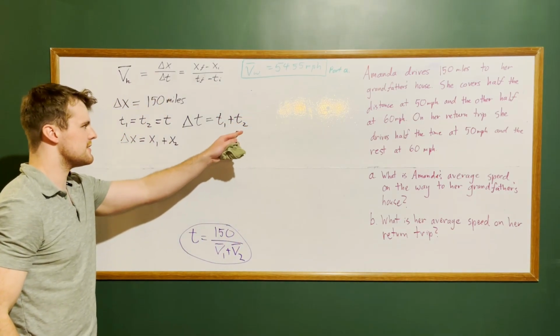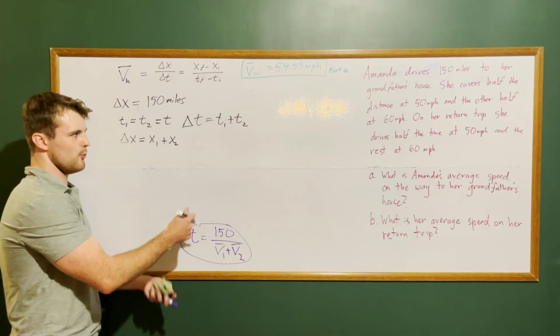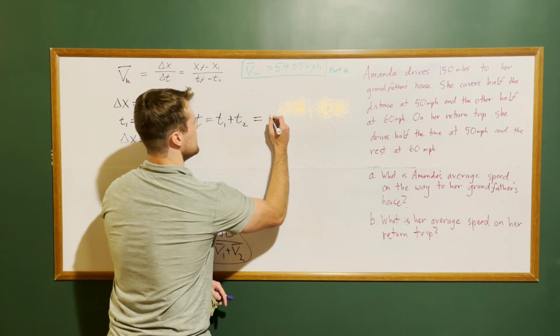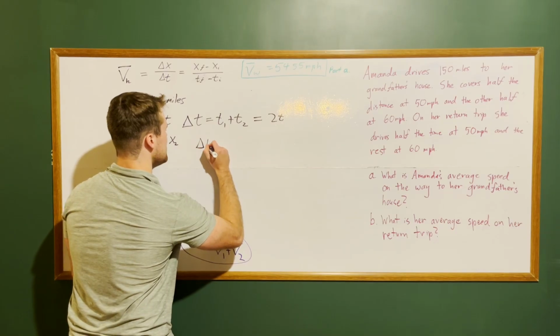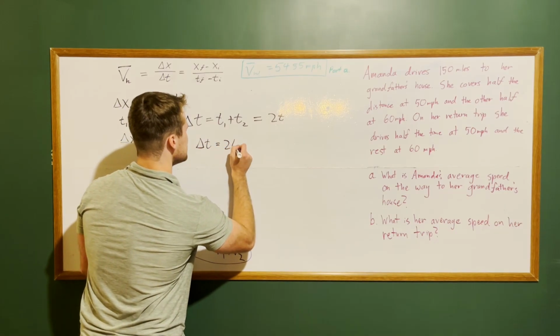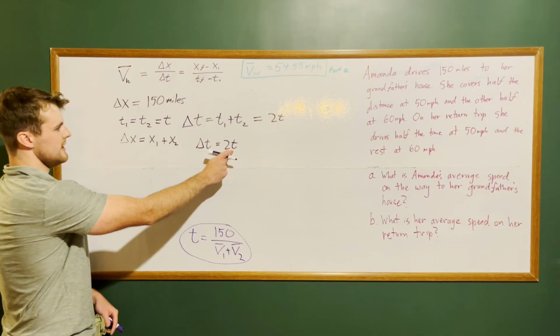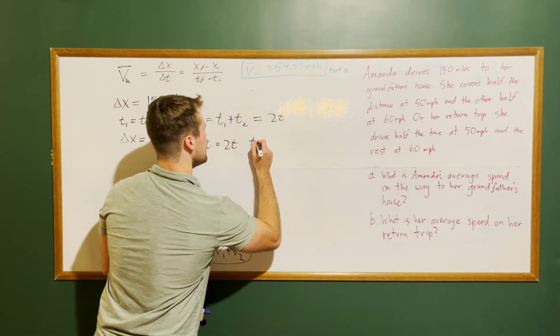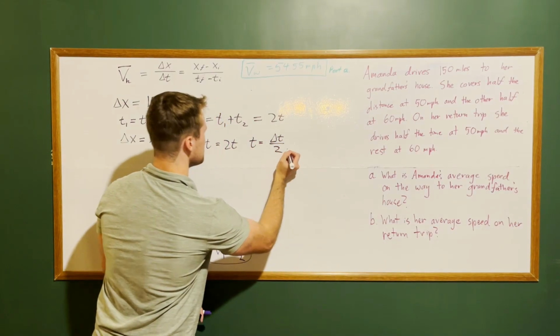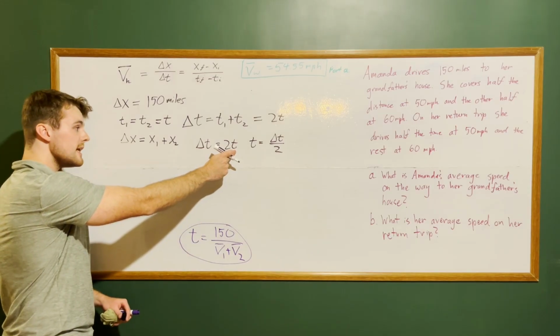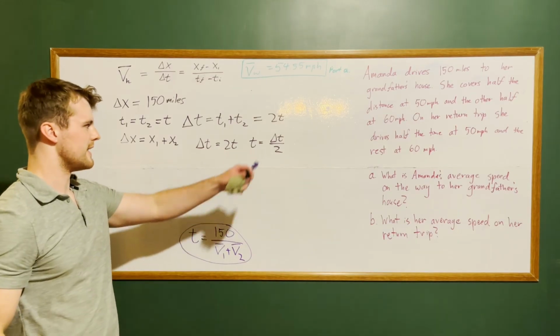But if t1 and t2 are the same and we call it t, we can just say this equals 2t. Now we can say delta t equals 2t, and solving for t here, we get t equals delta t over 2. All I did was solve for t by dividing both sides by 2.